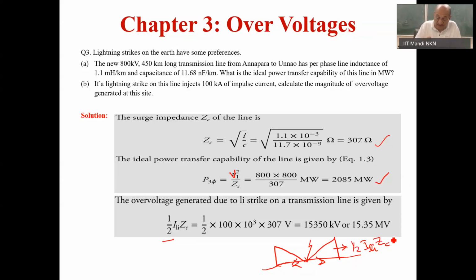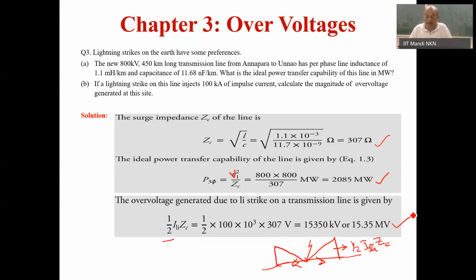So when you take 100 kiloamperes, half multiplied by the surge impedance of 307 ohms, it gives you volts. In terms of kilovolts, it is 15,350 kilovolts, or 15.35 megavolts.